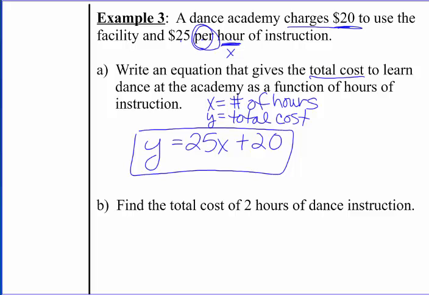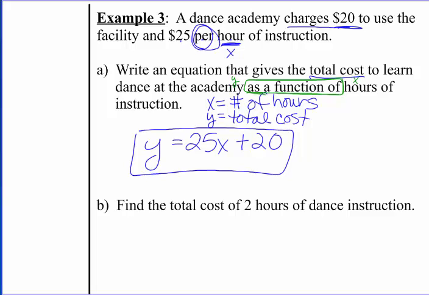This is a good opportunity to talk about a particular phrase that you are going to see a lot: as a function of. That is a very important phrase because knowing where it is will help you identify what your x and y variables are. It's always y in front, as a function of, x after.